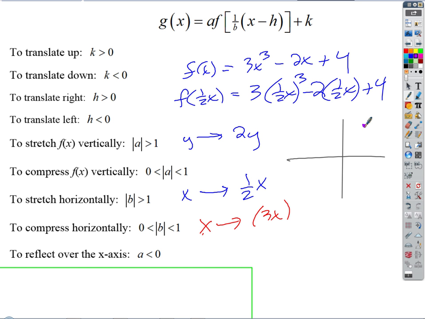Multiply by -1, because it's y, right? This is y equals that. So I'm going to multiply the whole thing by -1. So in our case here, g of x equals negative that whole quantity. I could distribute, right?